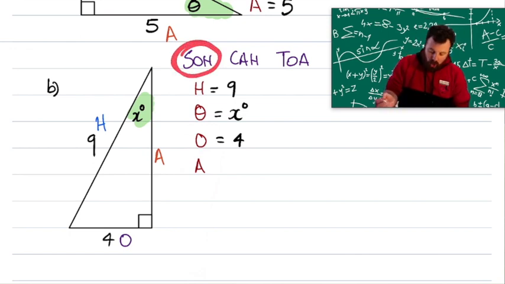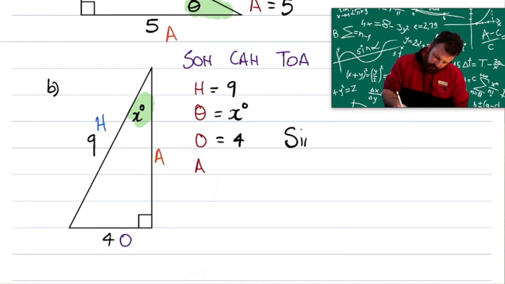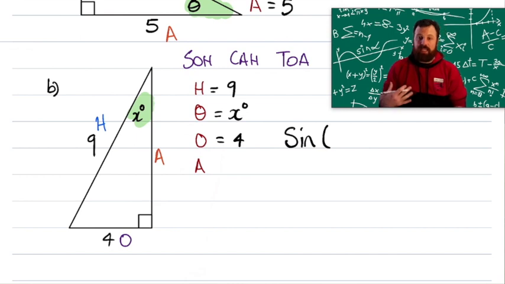It's the SO, right? And SO was sine. So what I'm going to do, I'm going to write sine. Remember, we only write it as sin, short abbreviation, but we pronounce it as sine. So sine, in brackets, I need to write the reference angle. My reference angle was x degrees.